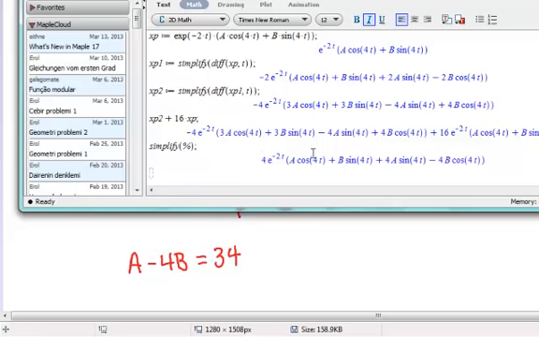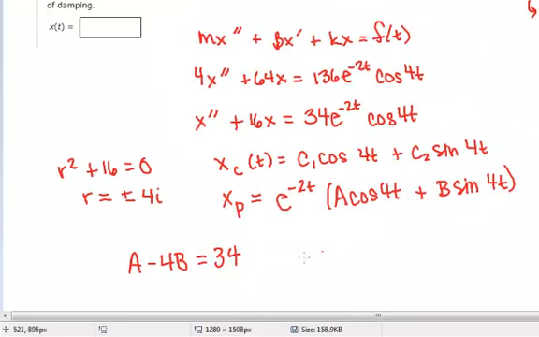I'll do it for the sine and then I'll fix that. So for the sine terms, I'd have 4b plus 16a, and that's going to equal 0. Because there was no sine on the right hand side, so I need to multiply that by 4. So I'd have 4a minus 16b equals 34.